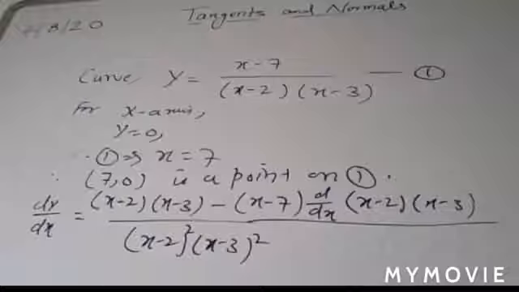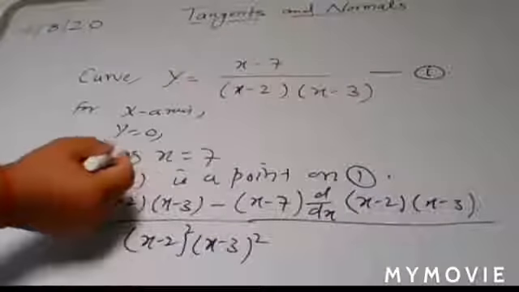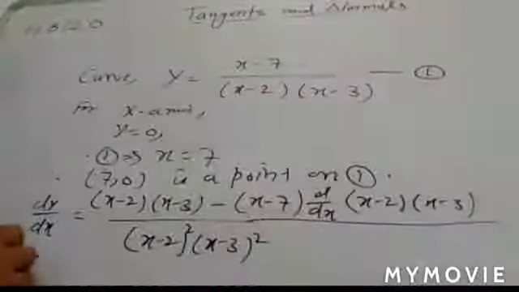You can write it in this way. Now you have to find its derivative at the point (7, 0).